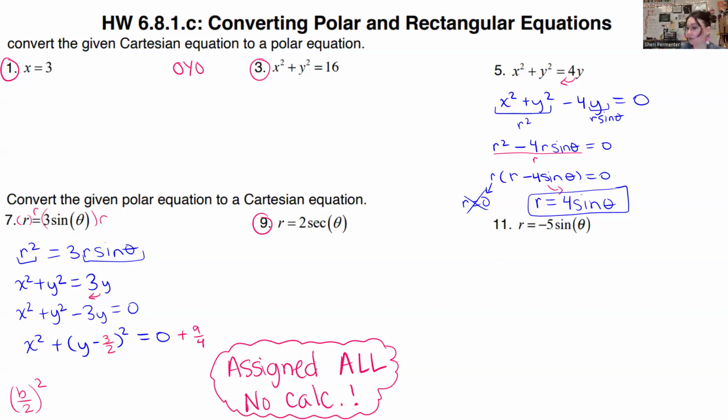So now that is actually my equation. I just clean it up and rewrite it. So I get x squared plus y minus 3 halves squared equals 9/4. It's ugly, and that's okay. You can do it.